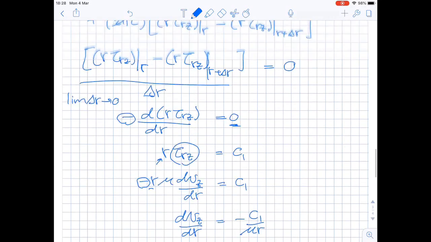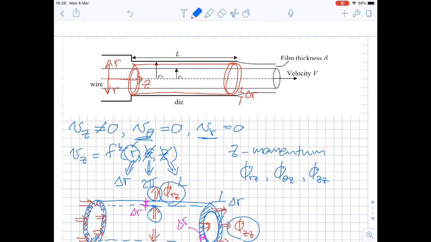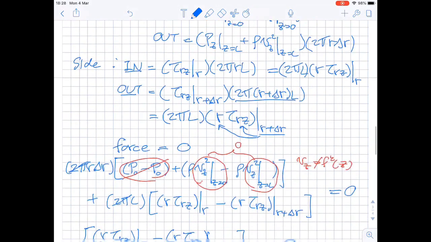If we go to the picture, at r equal to r2, at this point, velocity vz is 0 because the wall is stationary. On the other hand, at r equal to r1, Vz supposed to go with the same velocity as the wire itself. So we have two boundaries.